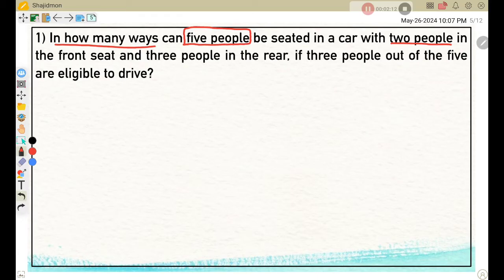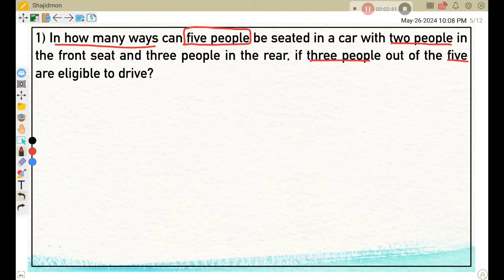Totally we have 5 people and 5 seats, but 3 people out of 5 are eligible to drive. Because the first seat, the driver seat, we know only an eligible person can drive, correct? They should have a license. So if 3 people out of 5 are eligible to drive, how many ways can the people sit in the 5 seats?